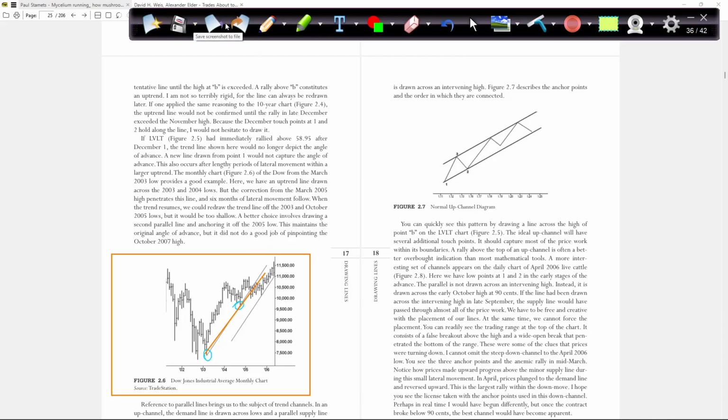See, the line is not necessarily a perfect line.